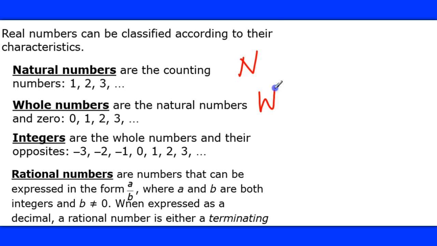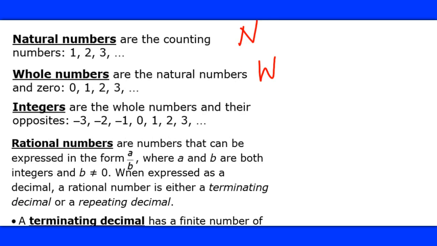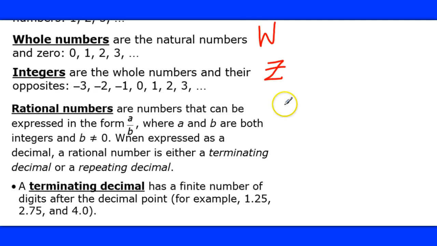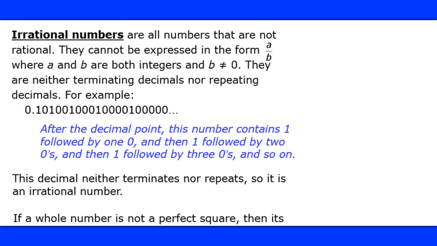We use a W to represent whole numbers. We use a Z to represent integers, and I'll tell you why in a minute. And we use a Q to represent rational numbers because every rational number can be written as a fraction, which is division, which is a quotient. Okay? Irrational numbers are all the numbers that cannot be written as fractions, and we use an I for that.